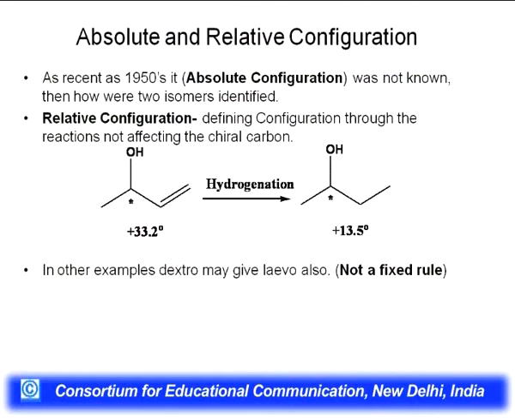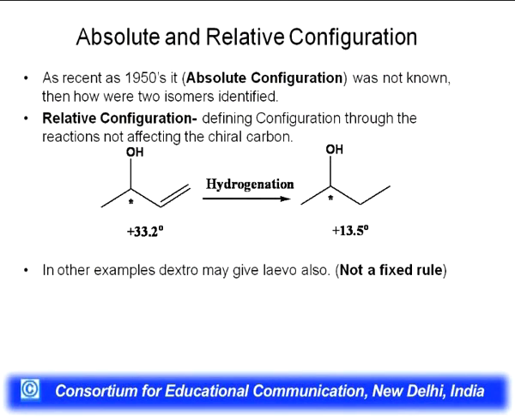Now, absolute configuration was not known till very recent times, but optical activity, stereoisomerism, enantiomerism, diastereomerism, these things were being studied. In the next point, we relate the absolute and relative configuration.